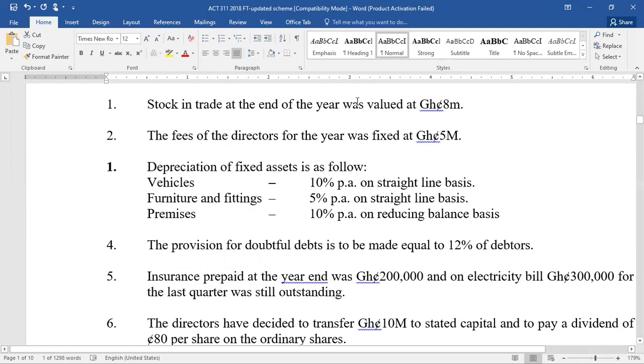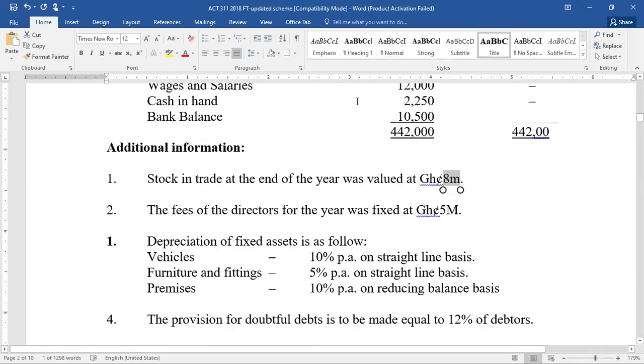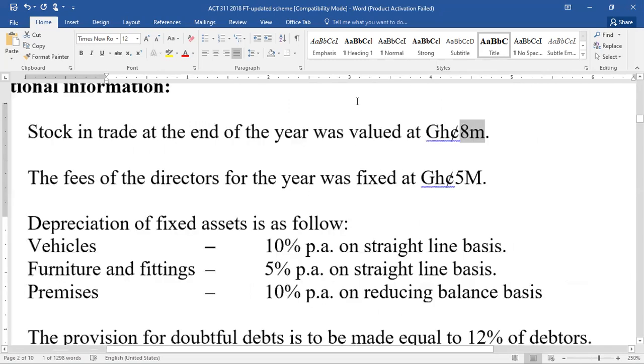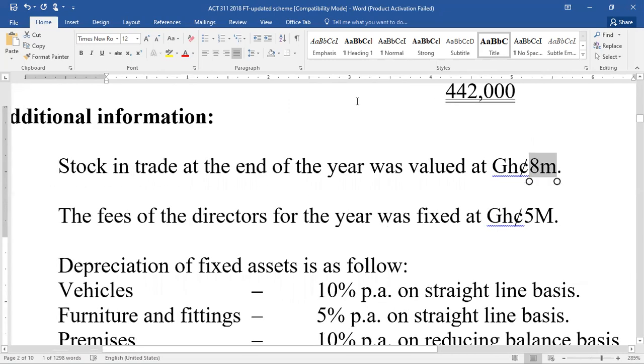So the closing stock for that year is 8,000. You put it there. Then you have your debtors.